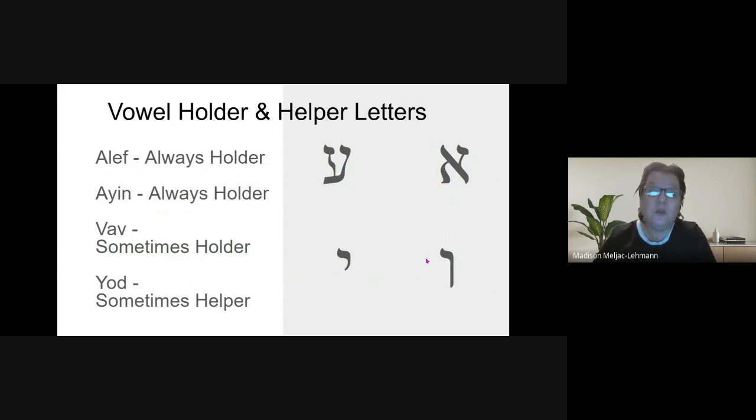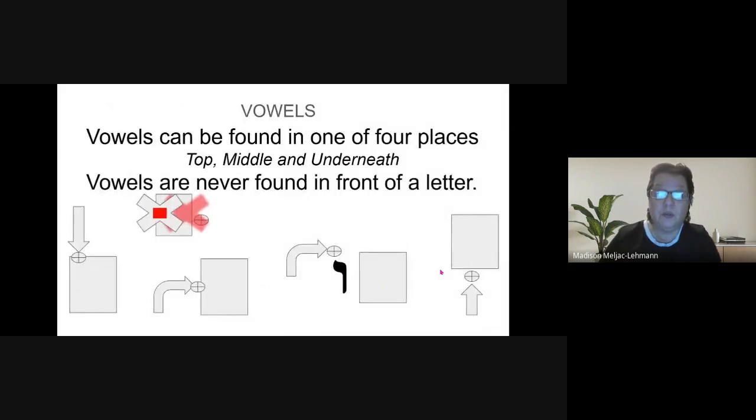So vav is one of those where sometimes it's a vowel holder, meaning sometimes you need to find if there's an O here or an U here, olam or a shuruk. So sometimes it's going to be just a vowel where you don't say anything. Remember, we showed you right here. Here's the vav right here, and it doesn't say anything.